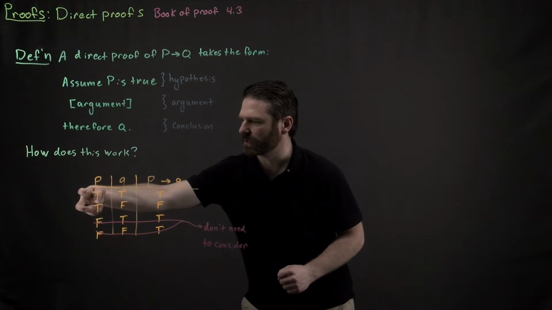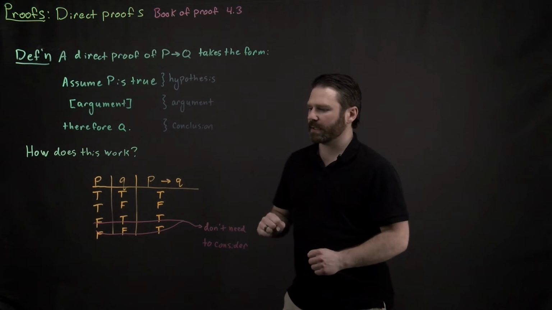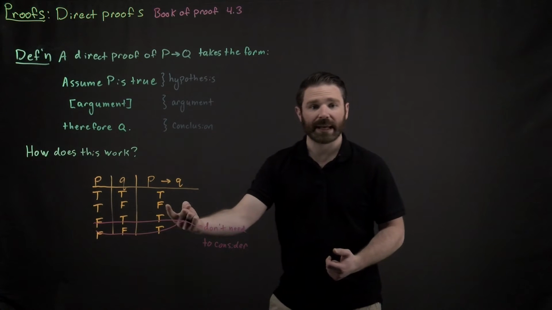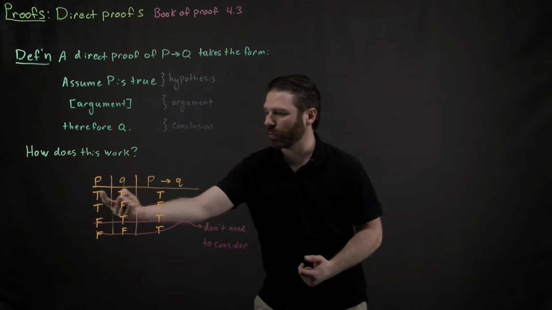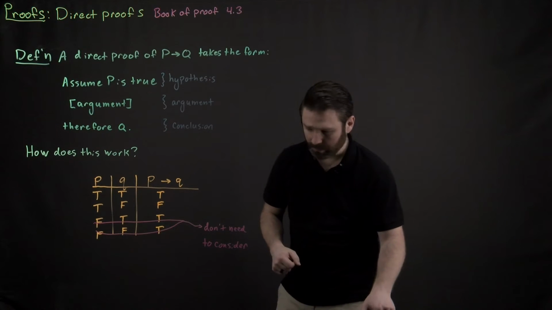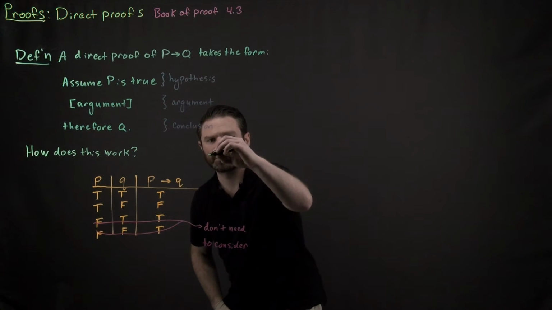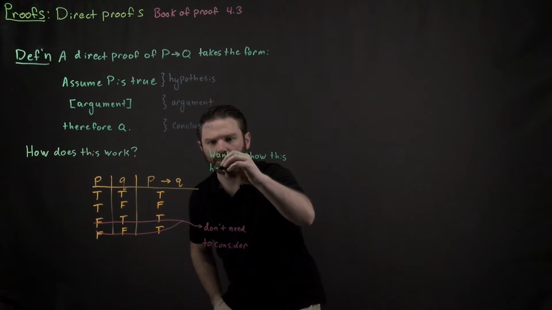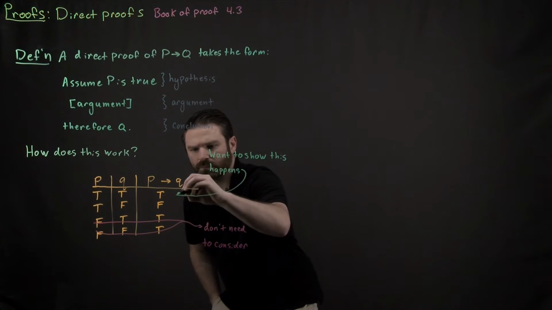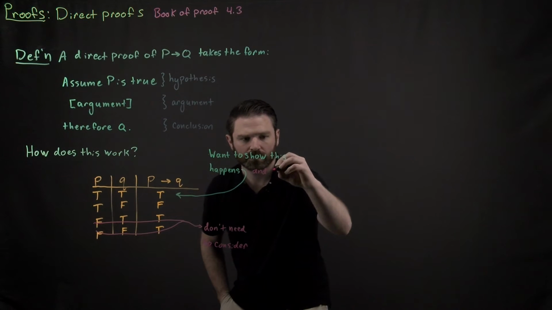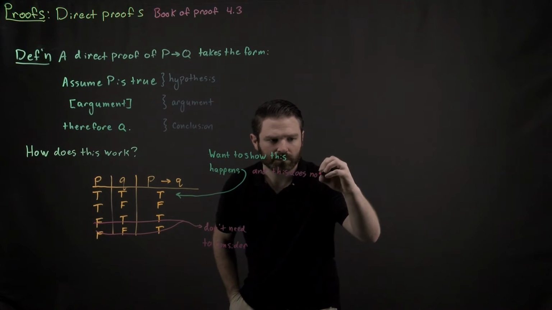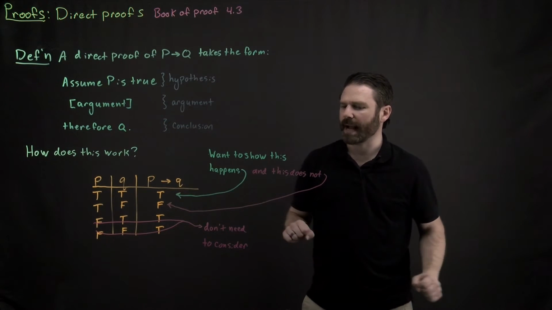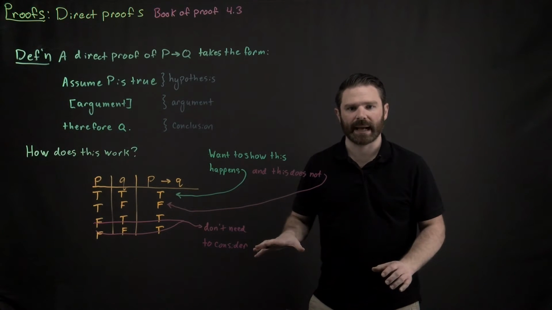Great, so we're in these two cases right here. So what the argument does is it strives to show that this second row is never the case, but rather this row right here is the case. You want to show that this first row right here happens and that second row right there does not happen.